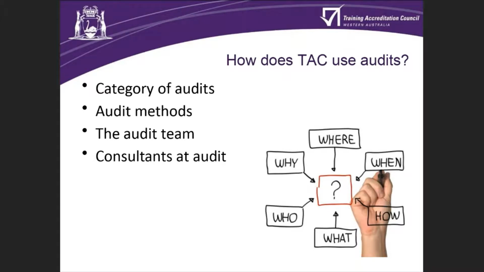A compliance monitoring audit is usually conducted before those sanctions are removed, and it's really about making sure that the RTO that had issues is now systematically improving their delivery and implementing all the things that they identified as being required to address the non-compliances that were identified during the audit.